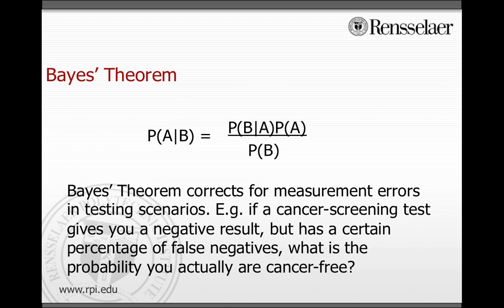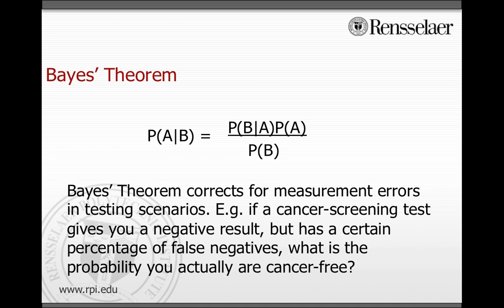Conditional probabilities can also be calculated using Bayes' theorem, as shown here. The probability of A given B is equal to the probability of B given A, multiplied by the probability of event A, all divided by the probability of event B. The important part of Bayes' theorem is that it converts test probabilities into real probabilities.